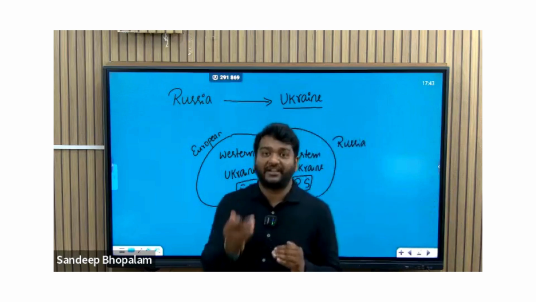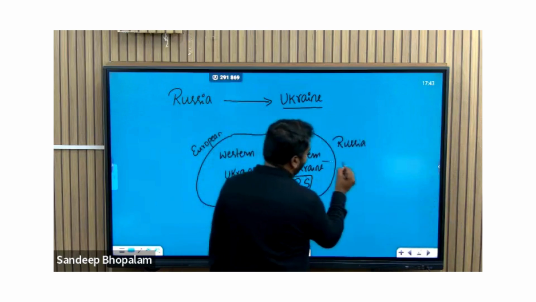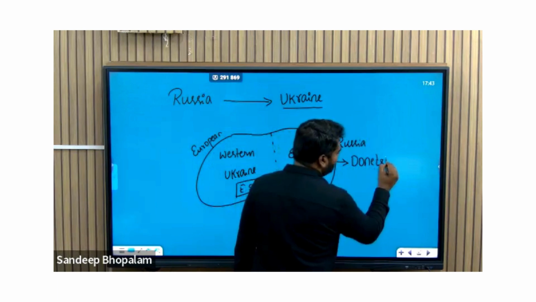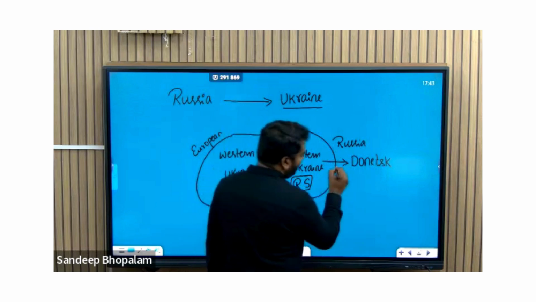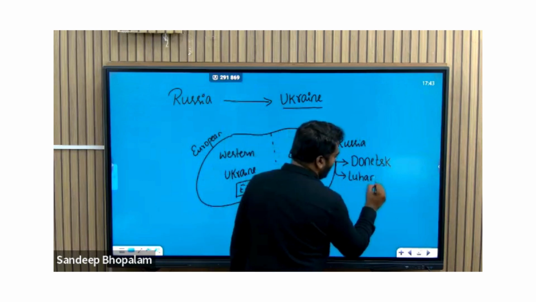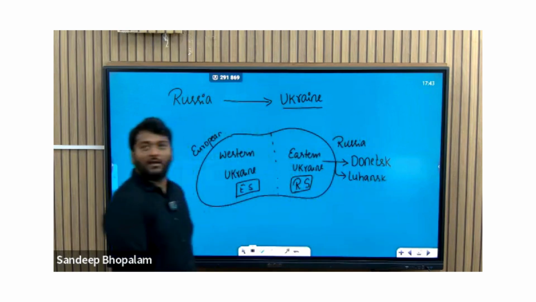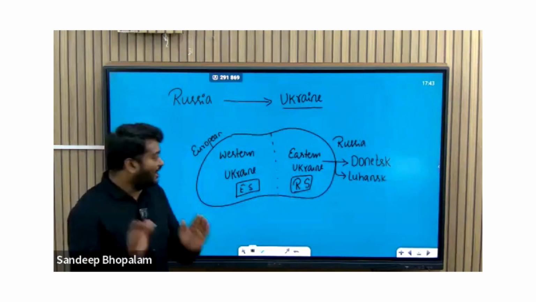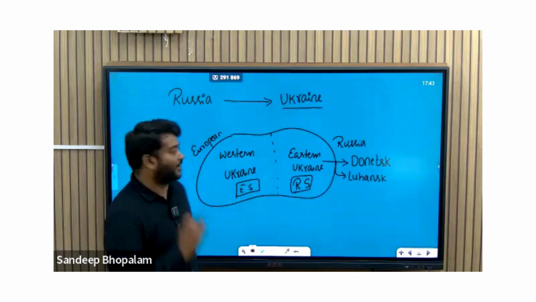Okay. When Russia attacked Ukraine, Russia has captured, if you have an atlas, you can open and check, on the eastern side of Ukraine, places like Donetsk, Luhansk. Places like this have Russian-speaking people, and they even now support Russia.